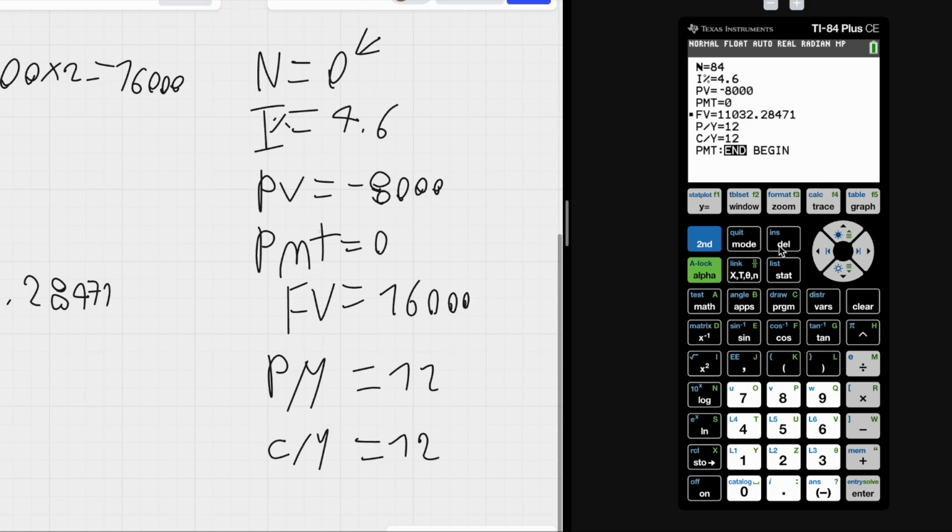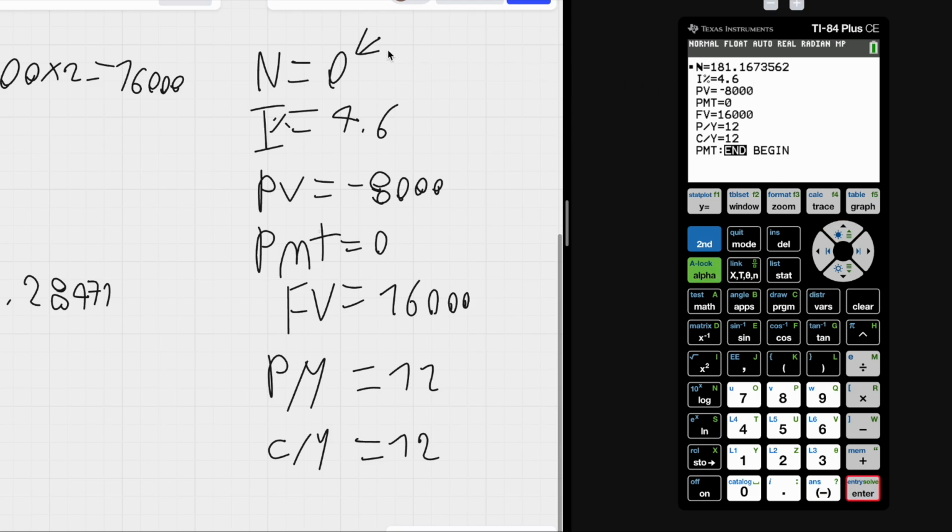So we're going to put 0 here and 16,000 here, then go to N, and to find it we press Alpha Enter.